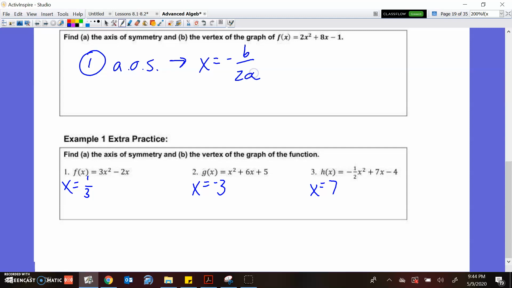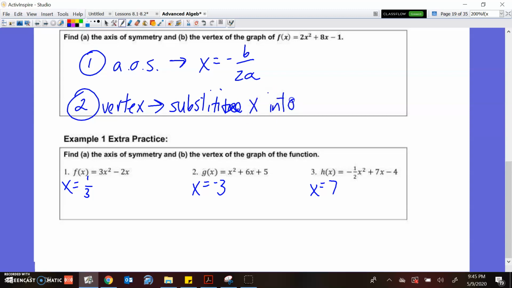Your second step, in order to find the vertex, is you go ahead and substitute. Substitute x into the equation or the function, depending on what you're working with. An equation is when you have y, a function is when you have f of x. No big deal. So for right now, substitute x into the equation, and that gives you your point.